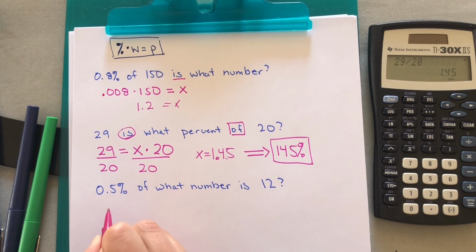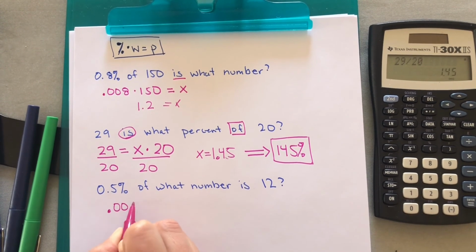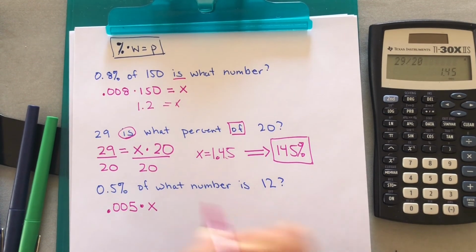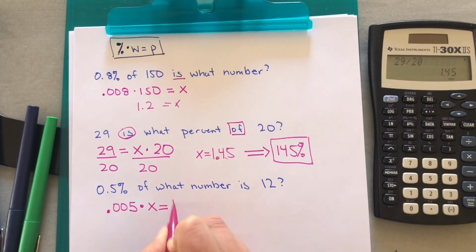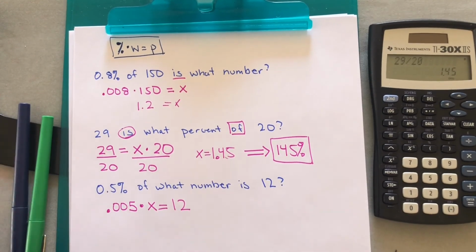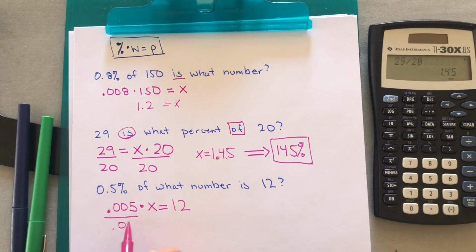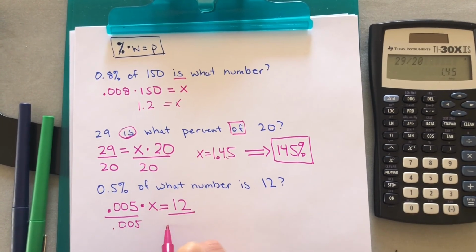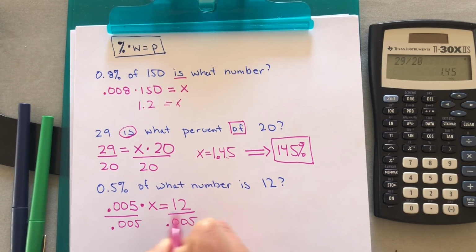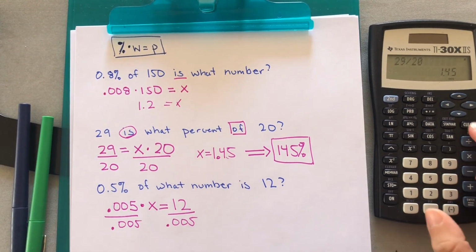So 0.5% written as a decimal is 5 thousandths of something we don't know equals 12. So I'm going to solve for x by dividing both sides by 5 thousandths. Remember that dividing by a decimal actually makes your solution bigger than what you started with.